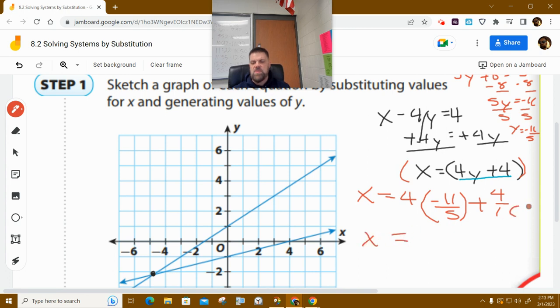Yeah, I'm going to multiply this by 5. Whatever I do on the bottom, I have to do to the top. So 4 times negative 11 is negative 44 over 5 plus, what's 4 times 5? 20 over 5. When I add those together, don't I get negative 24 over 5?